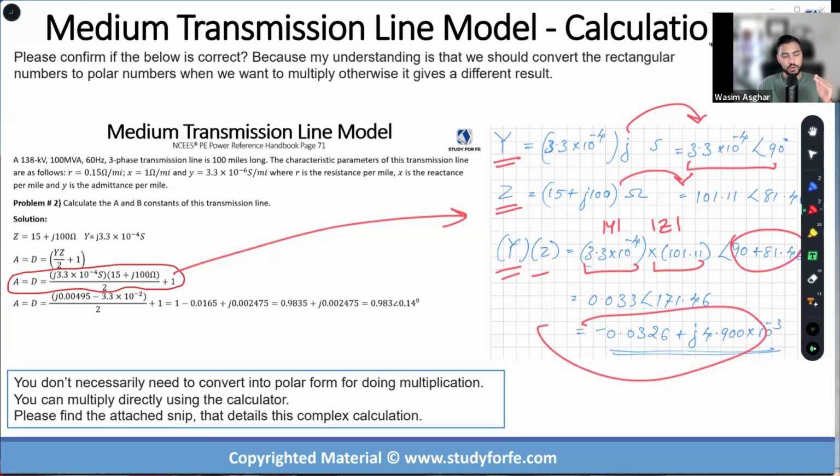So we start out with the short transmission line model, which just has the series components R and X, and then we throw in our shunt capacitances in the pi model or the T model. The reference handbook uses the pi model, so we're going to stick with that. In the course, I've derived equations for the T model as well. And then you move on to the long transmission line, where the length is incorporated as part of the ABCD parameters.